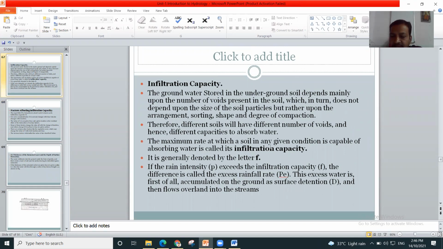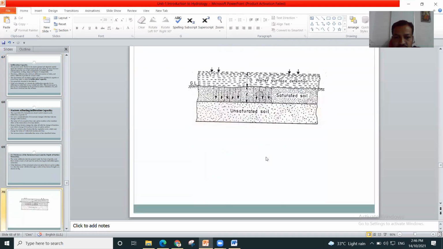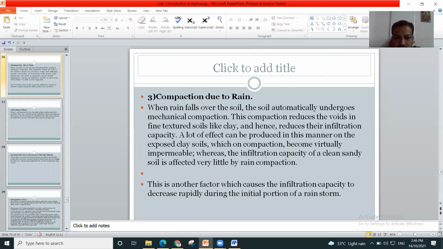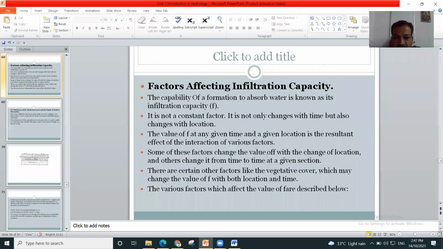So it is the maximum rate at which the soil can absorb the water, that is known as infiltration capacity, and it is denoted by letter F. So what are the factors affecting the infiltration capacity?